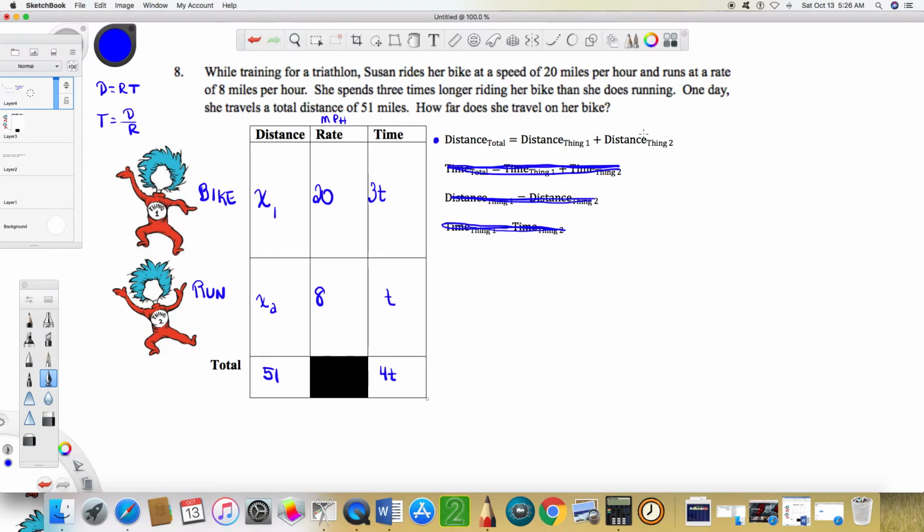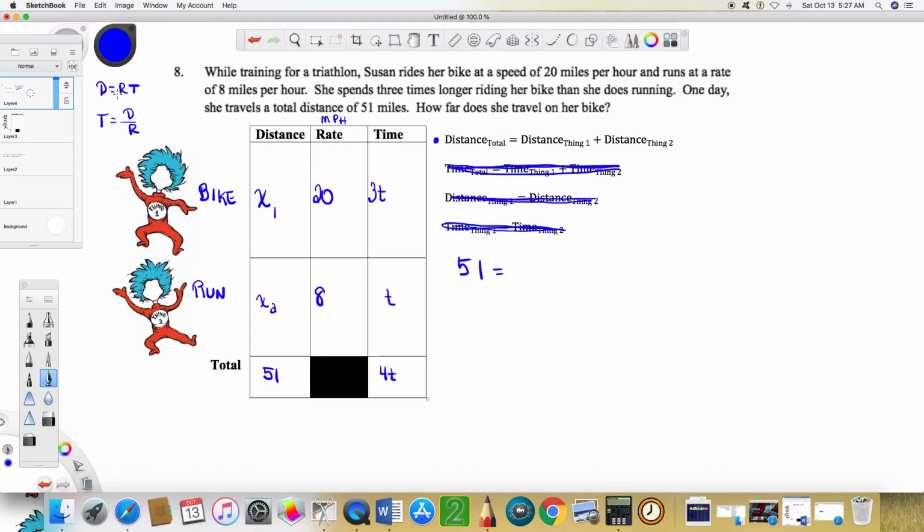All right, so substitute the information and solve your equation, and then click continue to check it. All right, so this left-hand side, this total distance is 51 miles.